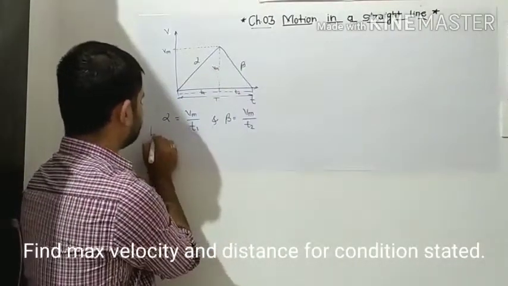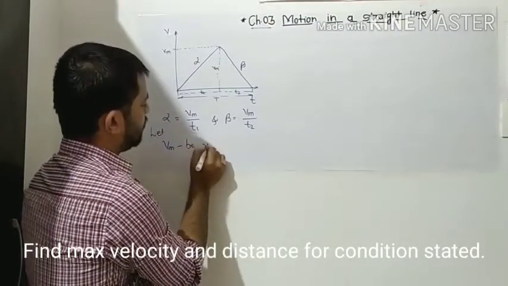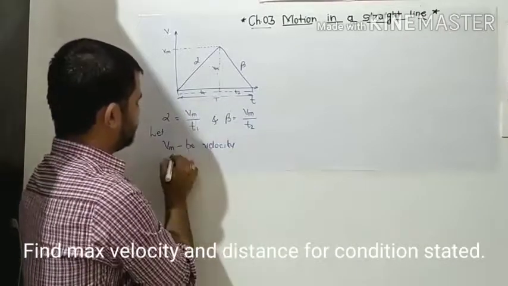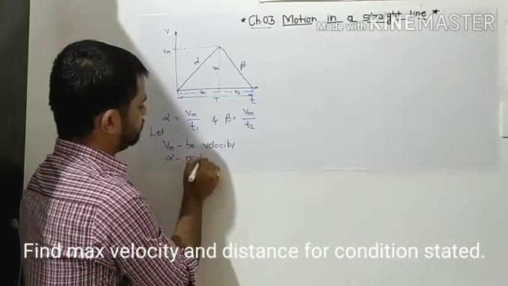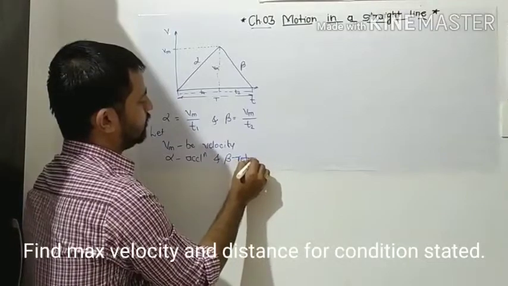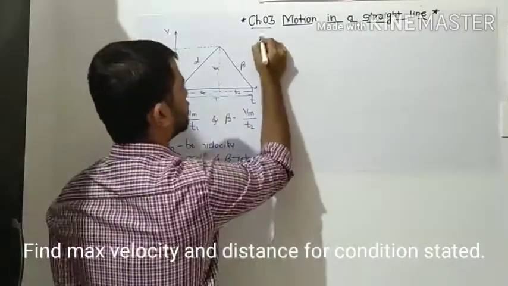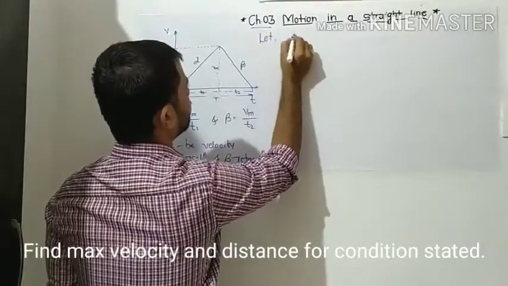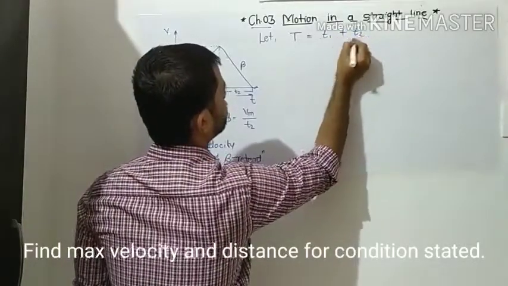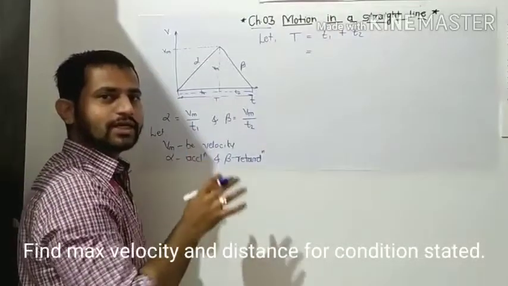Let Vm be the velocity, alpha is given as the acceleration and beta is the retardation. Let the total time period T be equal to T1 plus T2. We have divided these two processes into two parts, first for the acceleration, second for the retardation.